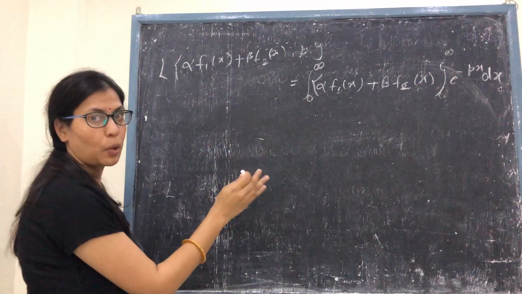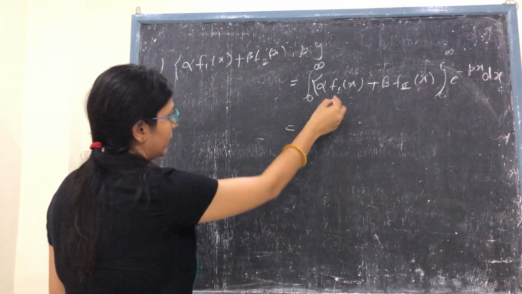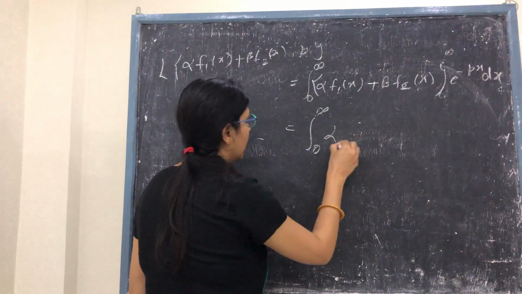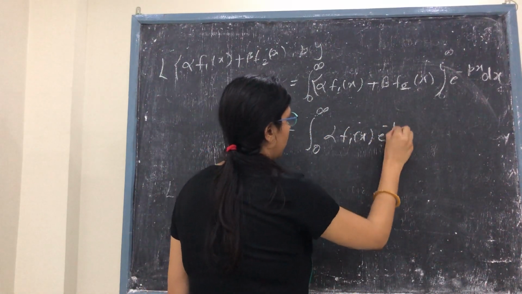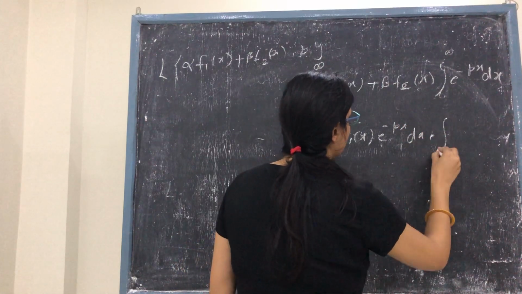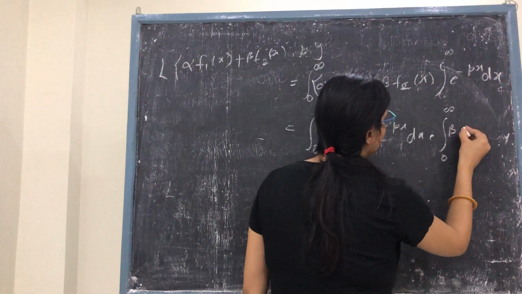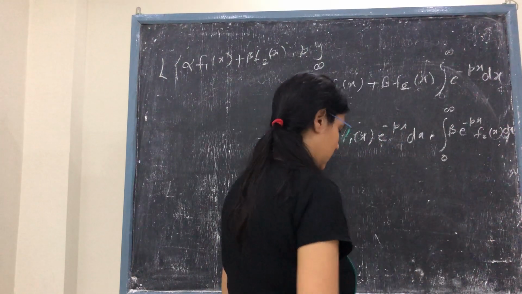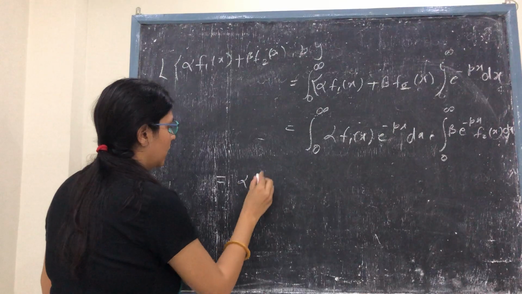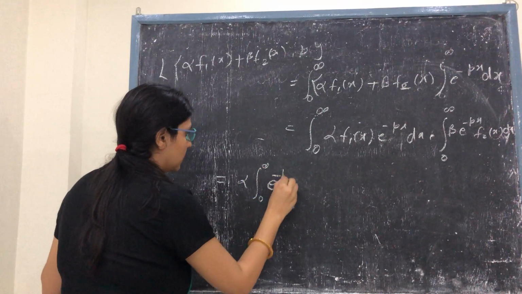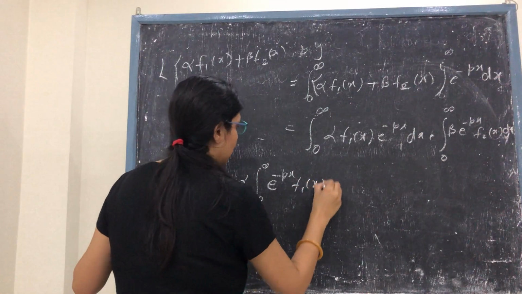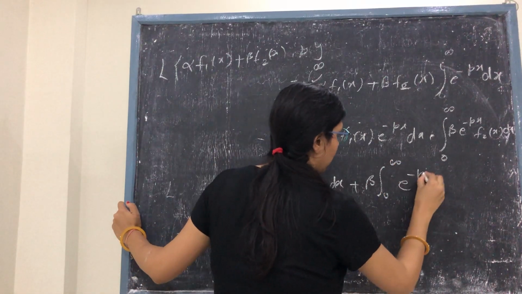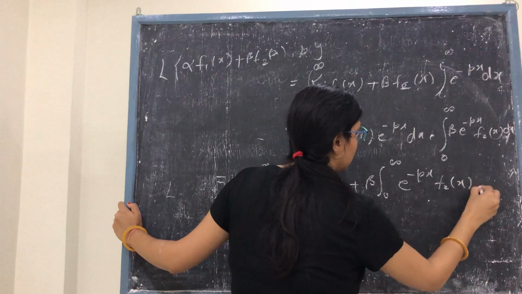So using that definition, and since integration is linear, it can be written as integral from 0 to infinity of alpha f1x e raised to the power minus px dx plus integral from 0 to infinity of beta e raised to the power minus px f2x dx, or alpha times integral from 0 to infinity of e raised to the power minus px f1x dx plus beta times integral from 0 to infinity of e raised to the power minus px f2x dx.